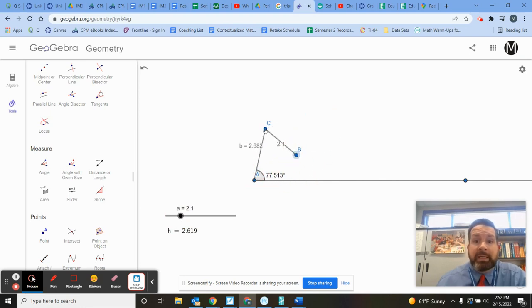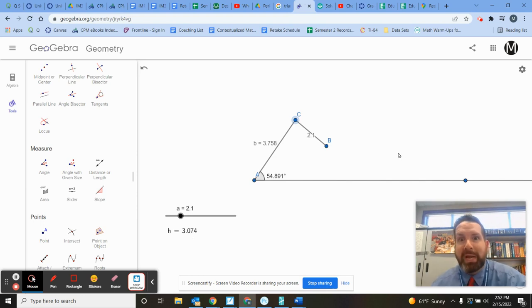So what I want you to do is to move things, keep this angle acute. But other than that, just make it so that the side A is less than this B sine A. So this number needs to be less than this number. And here's what we're going to try and answer. How many triangles can be made if that's the case?